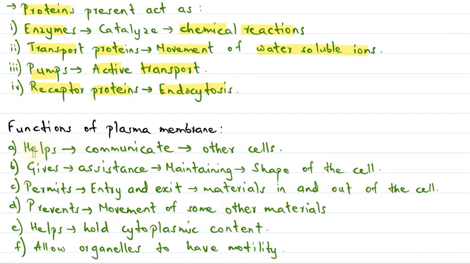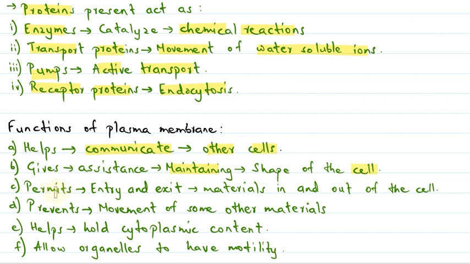So what does the plasma membrane do? It helps in communication, so it helps to communicate with other cells. It also assists in maintaining the shape of the cell.